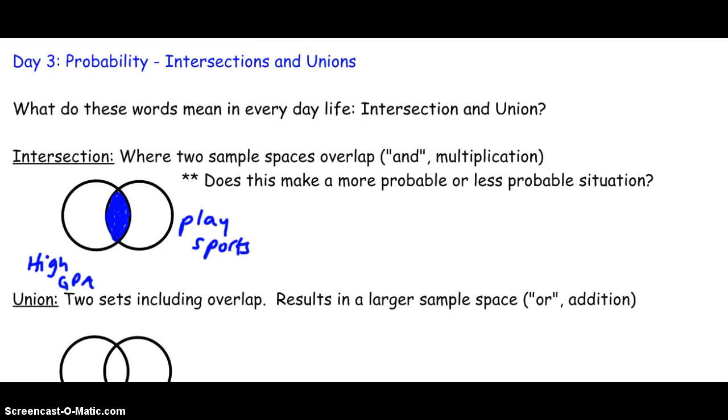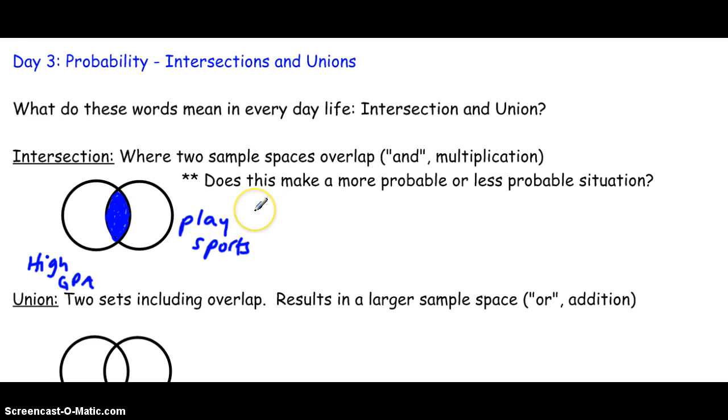Okay, so a couple more definitions. The first is intersections, and when you have two sample spaces, they can overlap, and we're going to be multiplying when they overlap.